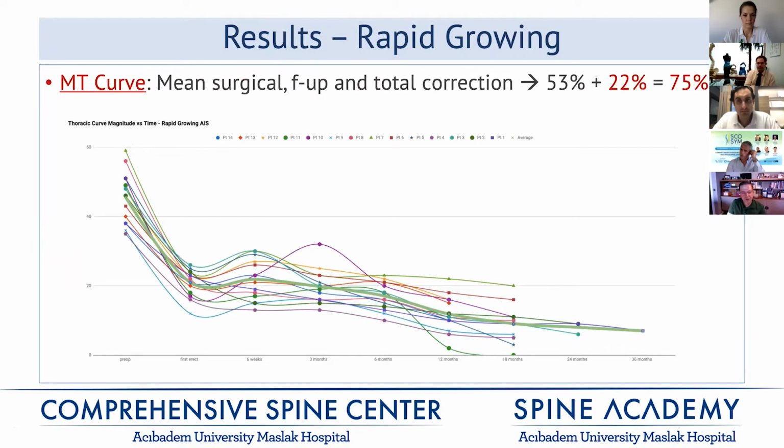And as you can see, especially in the rapid growing patients, those patients up to Sanders less than 5, we had a very nice correction, actually a controlled correction to around 20-25 degrees with the index operation to avoid overcorrection. And as you can see, by time we had some more spontaneous correction, and in sum, the total correction rate was 75%.